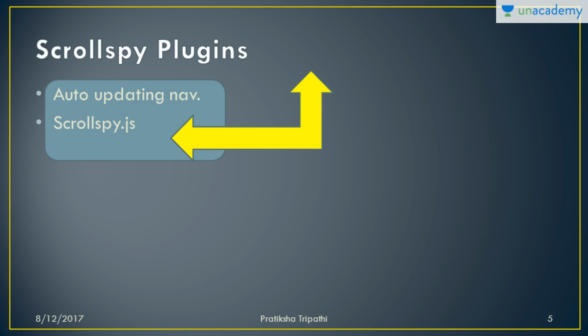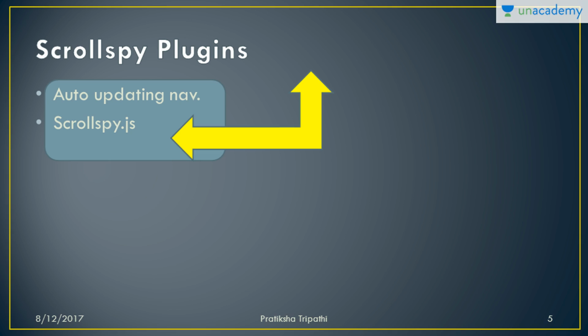Next we have the scroll spy plugin. Scroll spy plugins are used for auto updating navigation. It allows you to target a section of the page for auto updating. For example, when you open a web page, on your right there is a scroll bar.